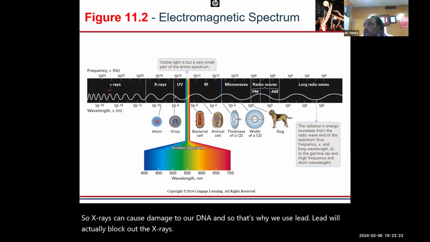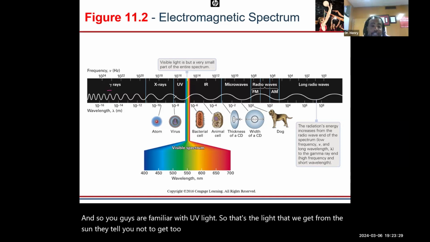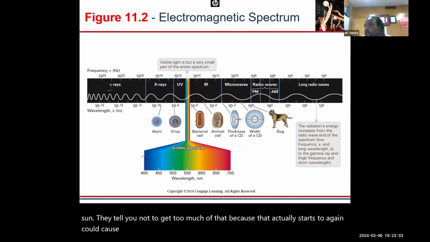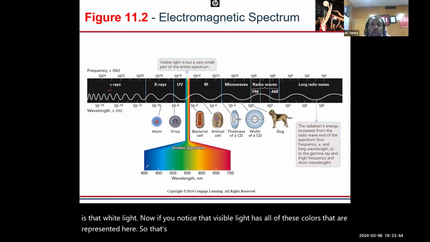You guys are familiar with UV light. That's the light that we get from the sun. They tell you not to get too much of that because, in high levels, it could cause cancer. Then we talk about visible light, that white light. Visible light has all of these colors represented here, so that's called a full spectrum or continuous spectrum, just like the rainbow.